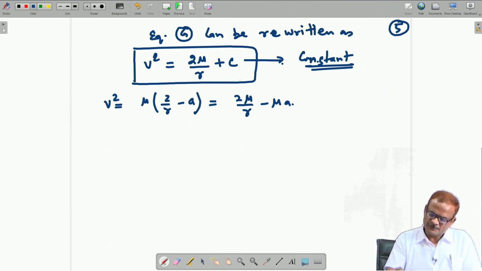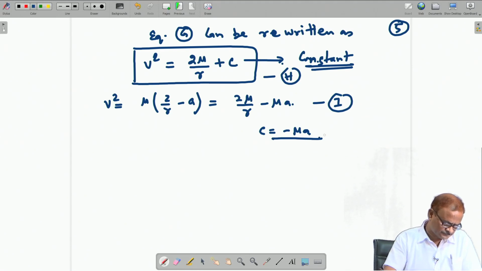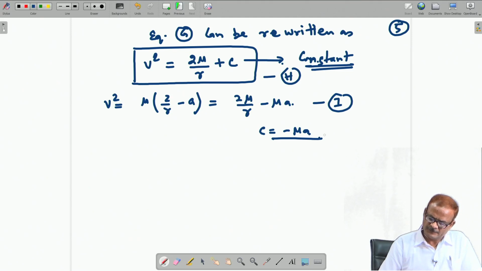So, if we compare these two, this is equation number h and this is i, this c turns out to be c equal to minus mu by a.